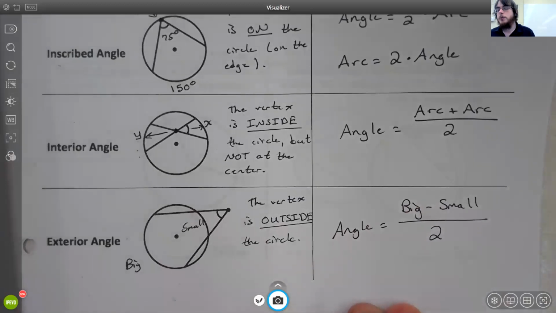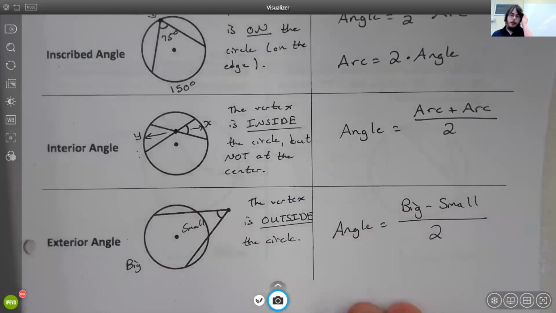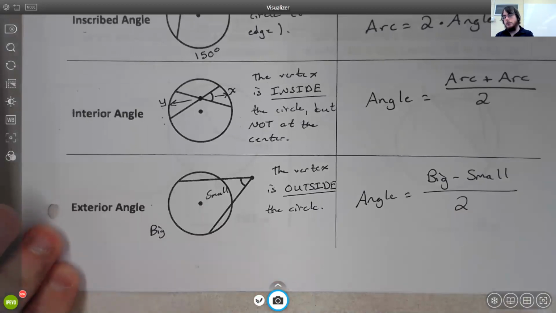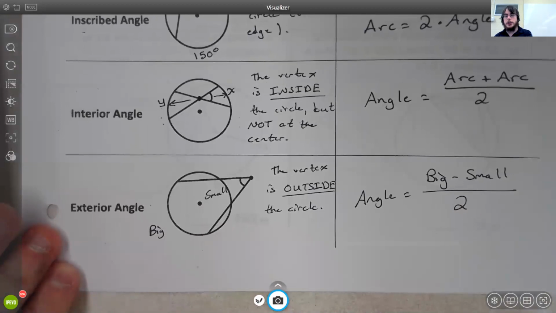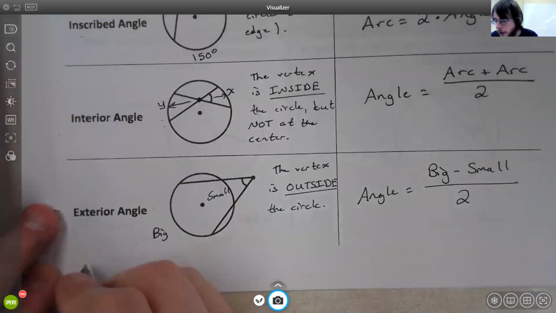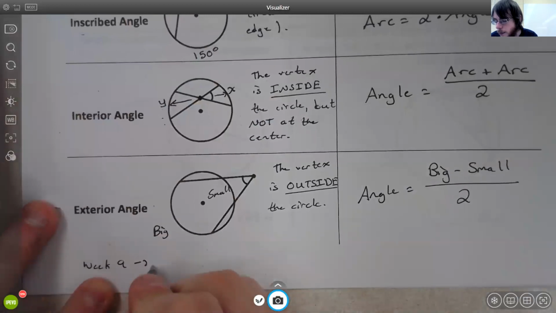And so that's a recap of all the formulas that we did. If you are interested in going back and watching them on the Google Classroom page, look for the ones that talk about arc length, sector area, and the different types of angles. Arc length and sector area are in the week 9 videos, so you can see some examples.